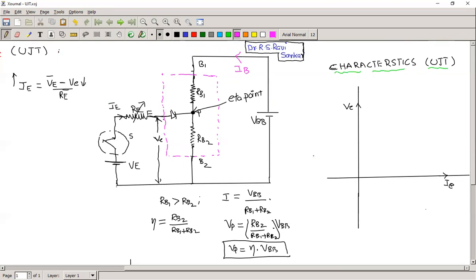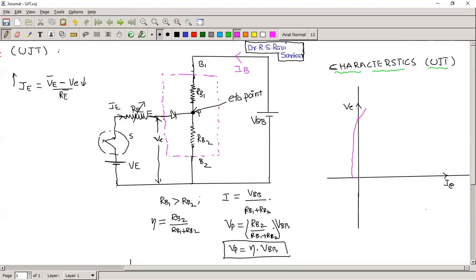That leakage current we represent with a small leakage current on the negative axis. It further increases and reaches the positive. This is the point at which the emitter voltage is 0. It goes to the positive because the eta point voltage is a difference of this voltage, and some voltage drops across the diode. That's why this is increasing to a positive value. At this point, IE current is 0.